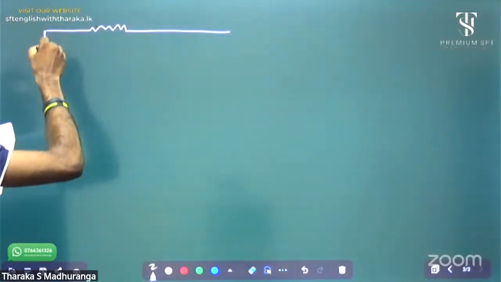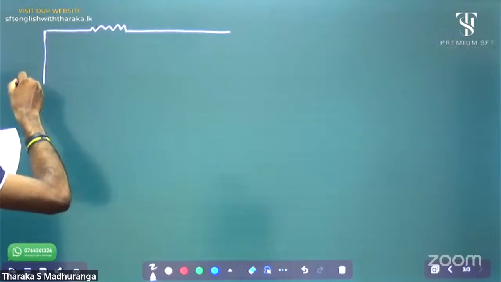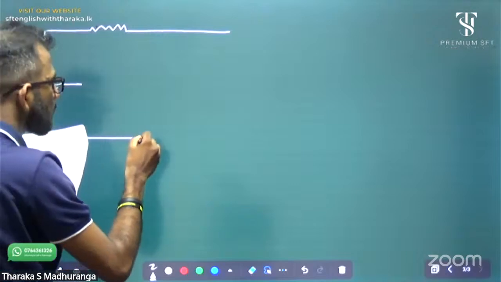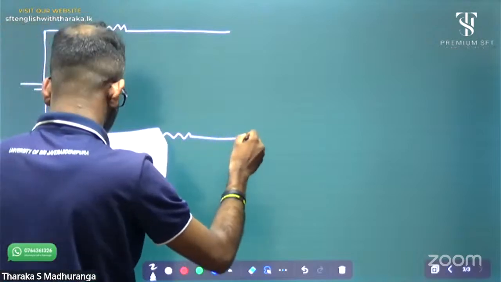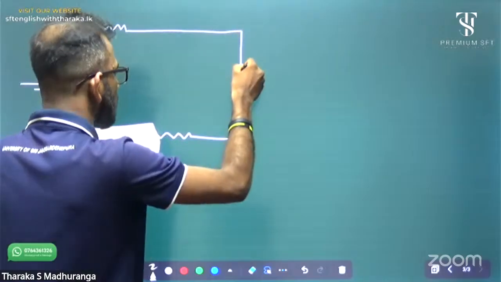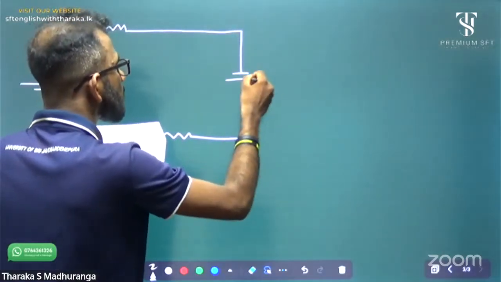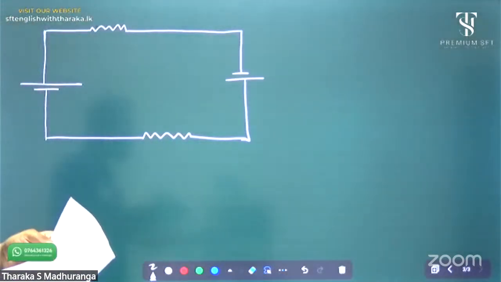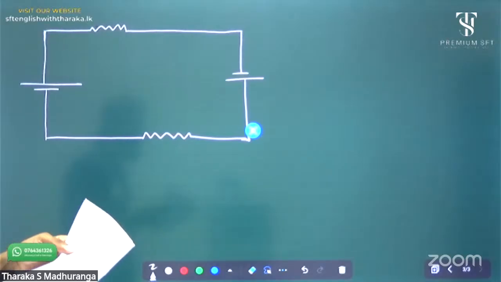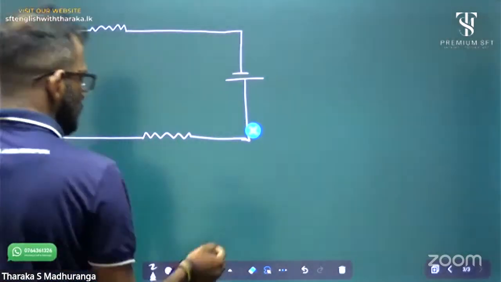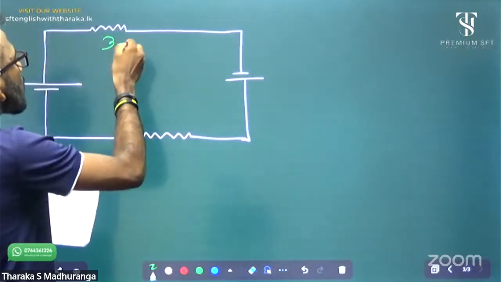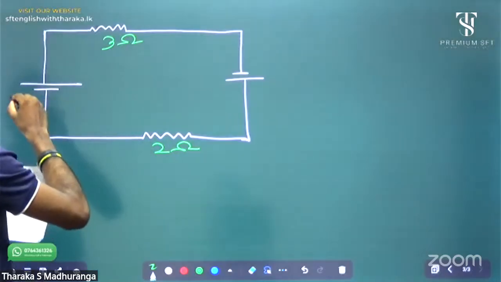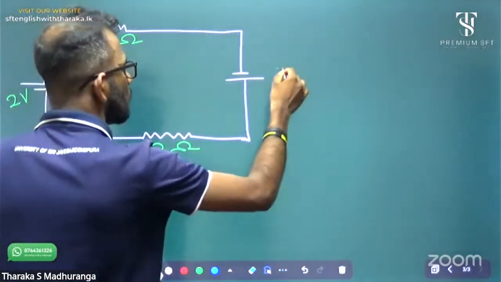What is the answer for question number 7? Three ohms, 2 ohms, 2 volts, 8 volts.